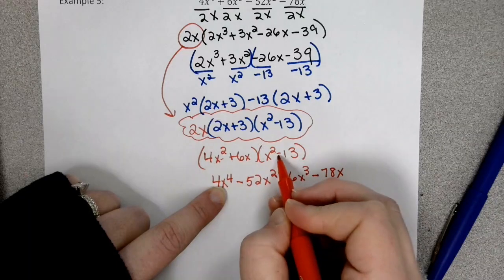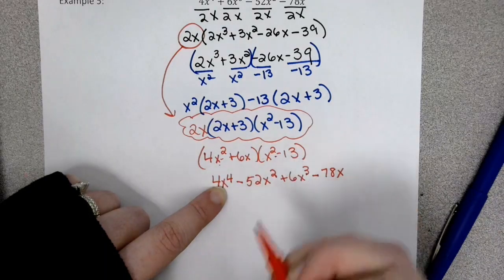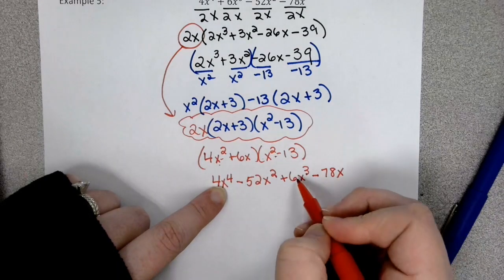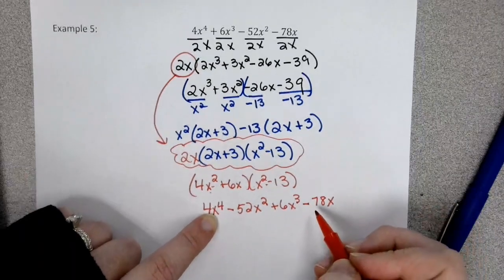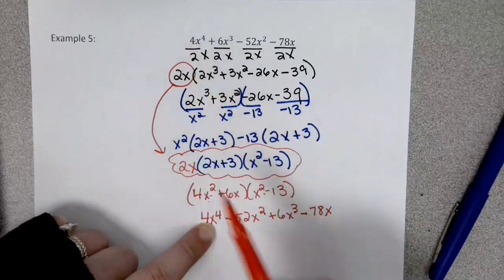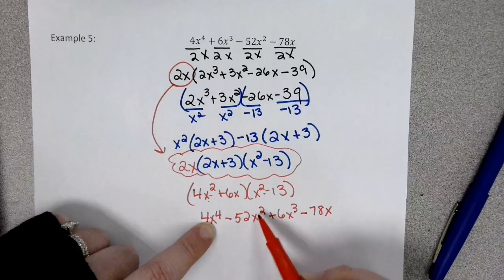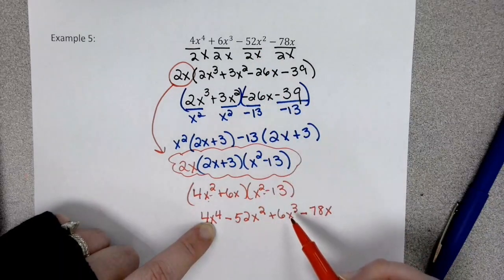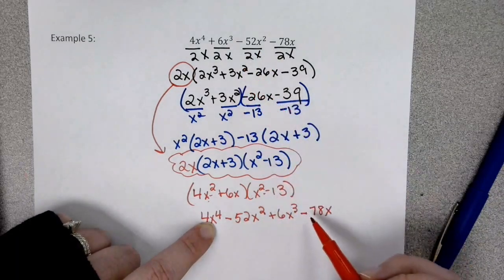So I did 4x squared times x squared, 4x squared times negative 13, 6x times x squared, and 6x times negative 13. Now you notice 4x to the fourth is there. Negative 52x squared is there. 6x cubed is there. Negative 78x is there.